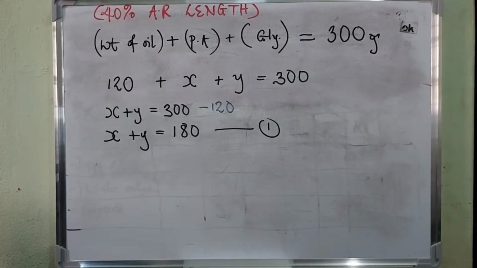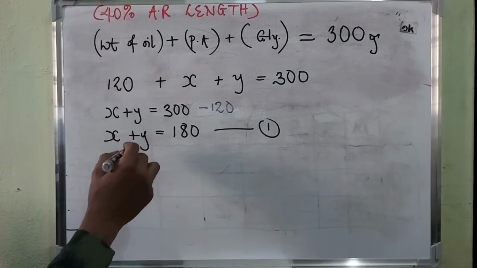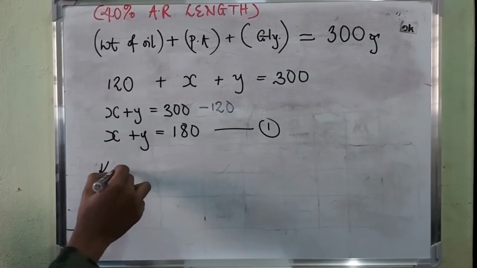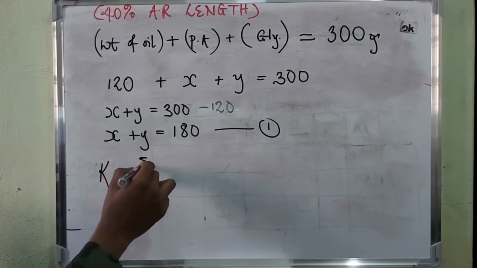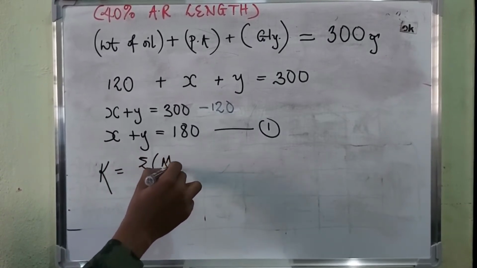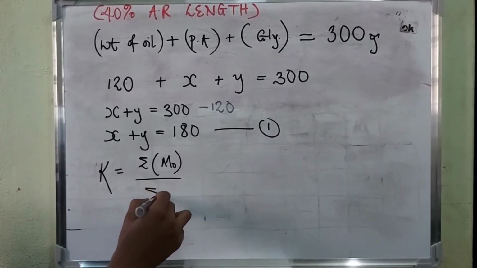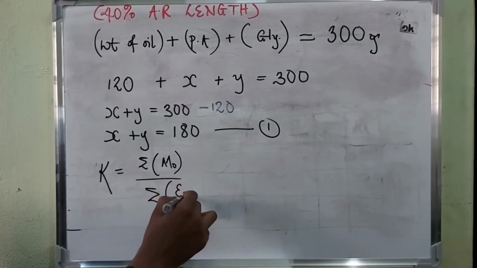Now, there's something we need to also put into place. We know that alkyd constant K is designated as summation of number of moles divided by the summation of equivalent acids.